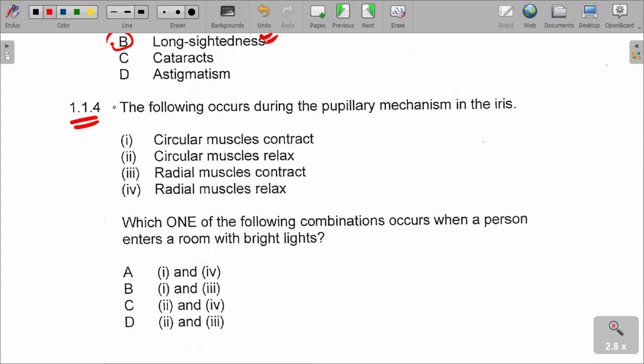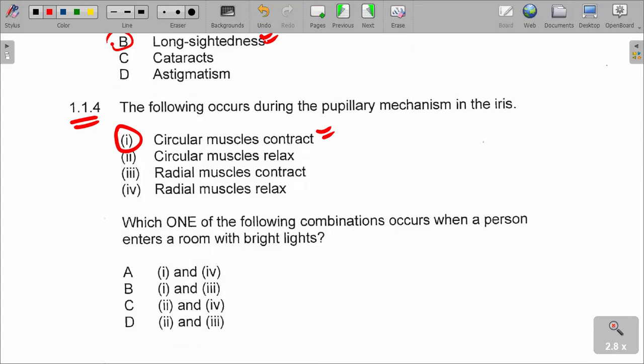The pupillary mechanism is controlled by situations where the circular muscles contract. The circular muscles must contract, and if you refer to the channel, we have enough content which explains these processes. That is one key characteristic that occurs during the pupillary mechanism.